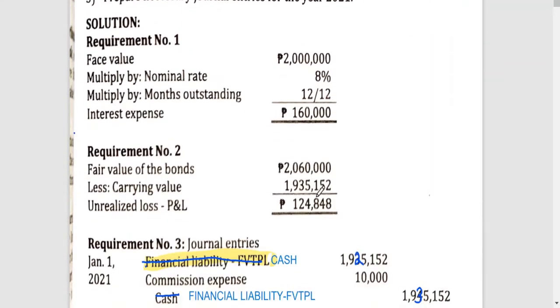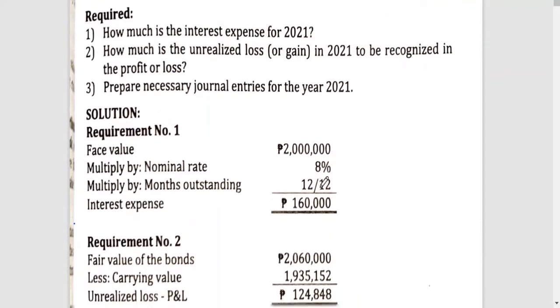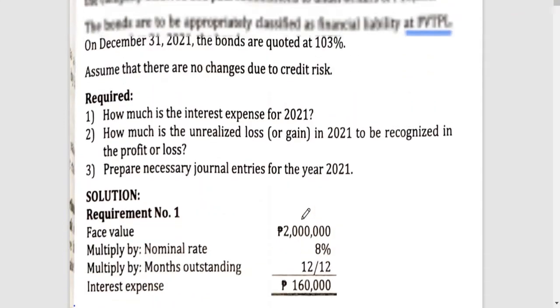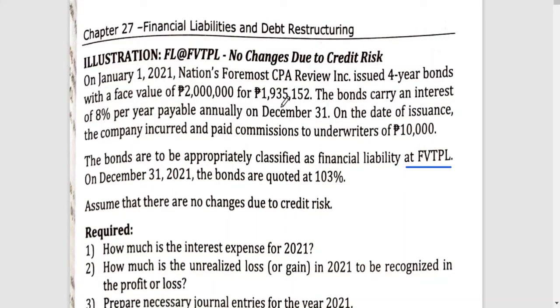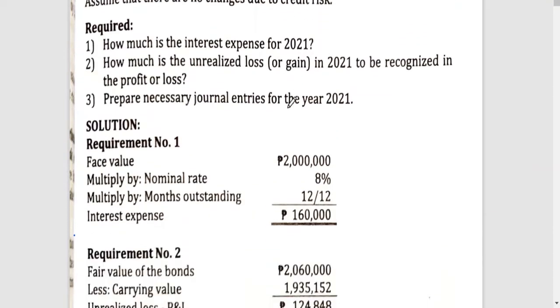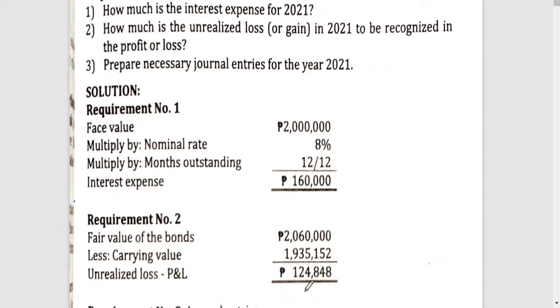You will get 2,060,000. And then compare that with the carrying value, which is 1,935,152. You will get the difference of 124,848. Since the liability increases to 2,060,000 from 1,935,152, there is an unrealized loss.